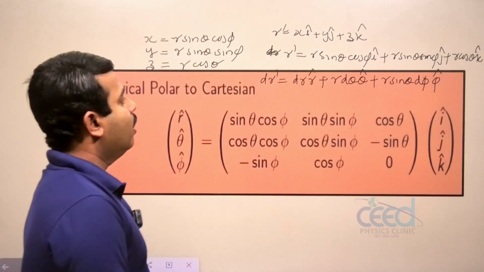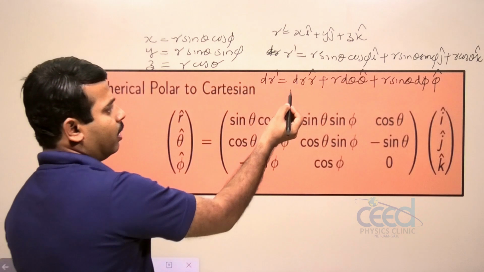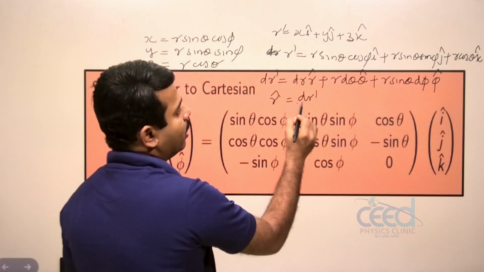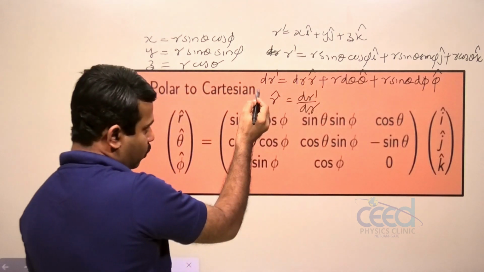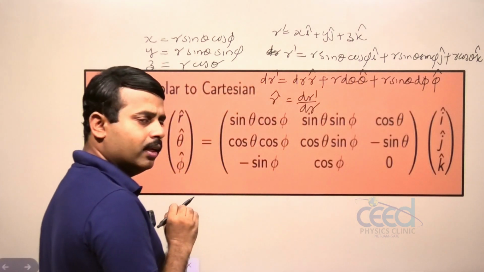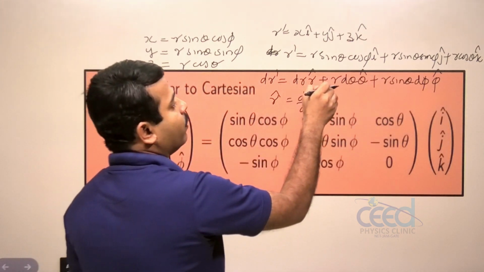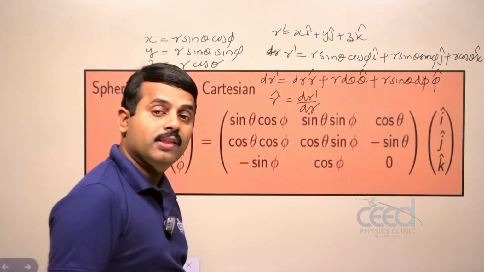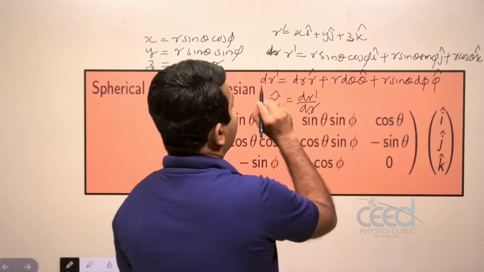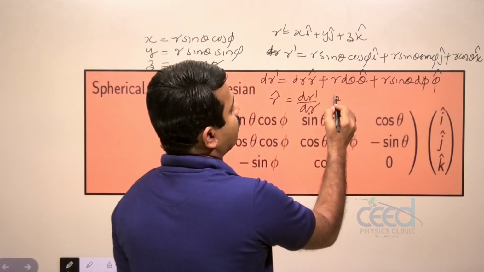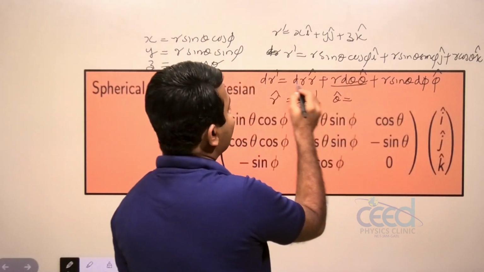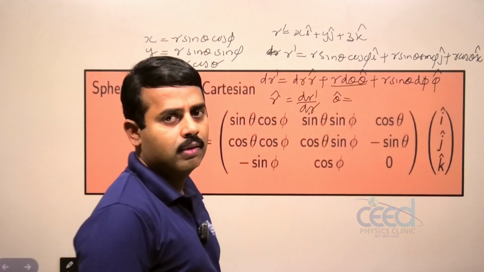Now from this it is very clear what r cap is. r cap is equal to dr dash by dr. With respect to dr I am differentiating, this part is 0, this part is 0, because here the variable is d theta, and here the variable is d phi. Similarly, what is theta cap? For theta cap you bring this r d theta, or differentiate with respect to d theta.